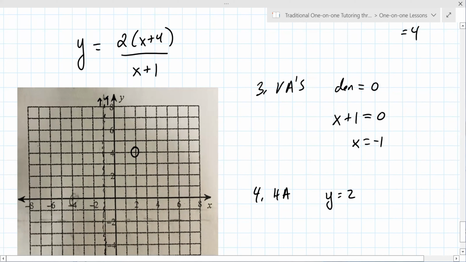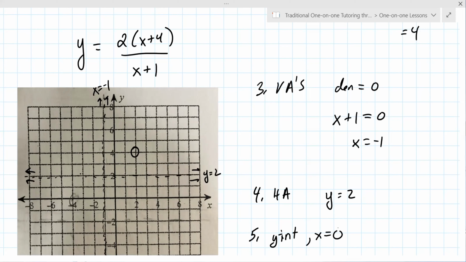So you can draw another dashed line there, label it, maybe some arrows. And then y-intercepts are next. So I set all the x's to 0 for that, right? Yes, set x to 0.